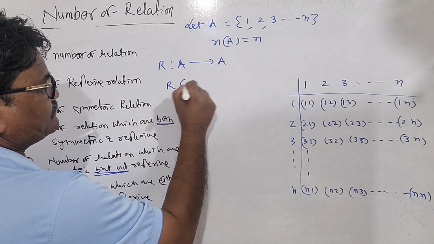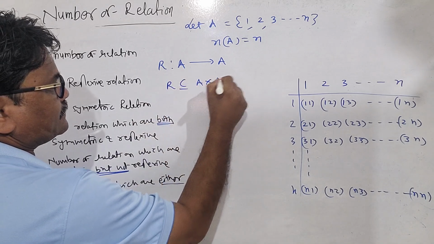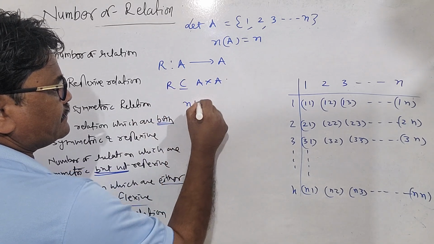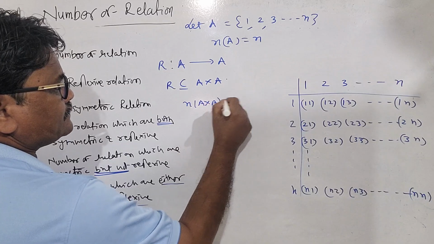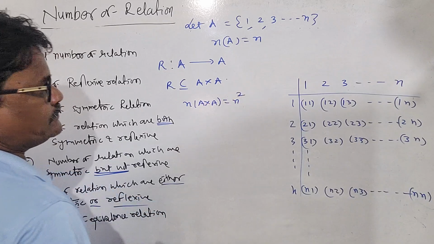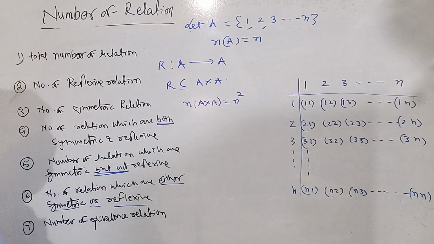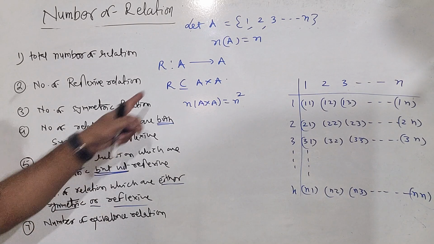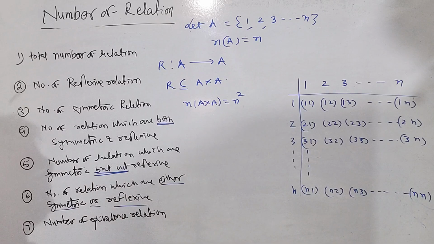We know that R is a subset of A cross A. And A cross A contains how many elements? This contains n square elements, because A contains n elements, therefore A cross A contains n square elements. And every subset of A cross A is a relation.